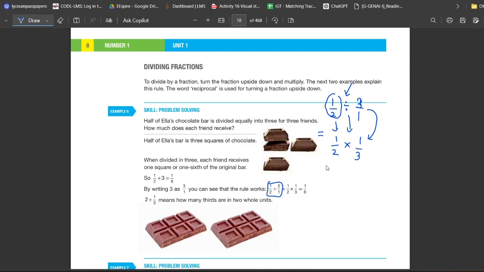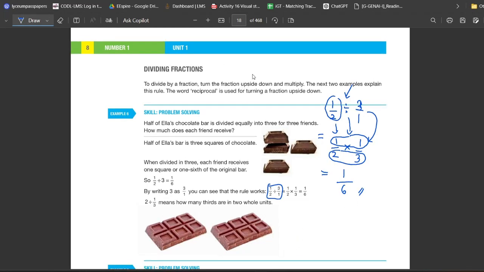Now this has been converted into a simple multiplication. Now we know how to multiply. Multiply the numerators: 1 times 1 is 1. Multiply the denominators: 2 times 3 is 6. So this is the answer. Do you remember about the reciprocal?